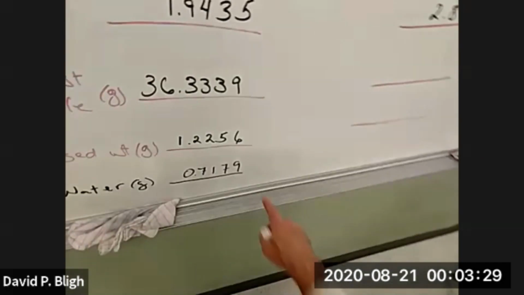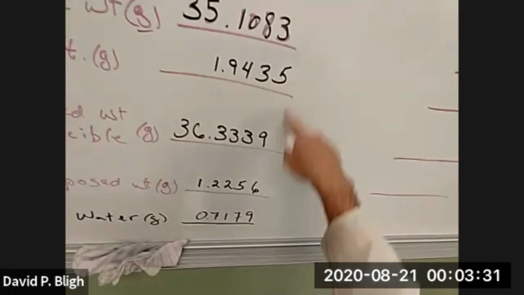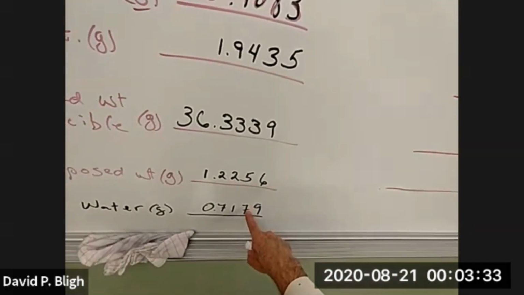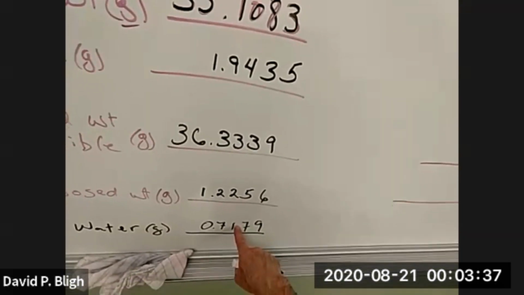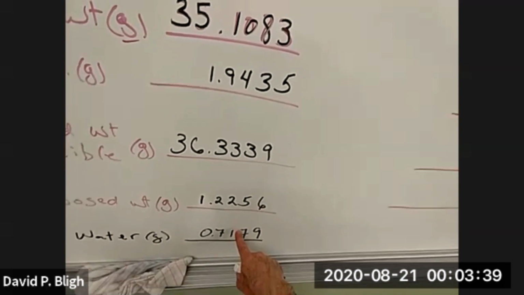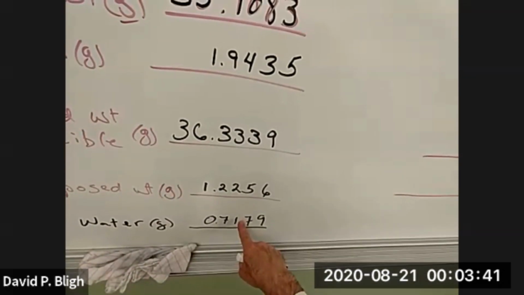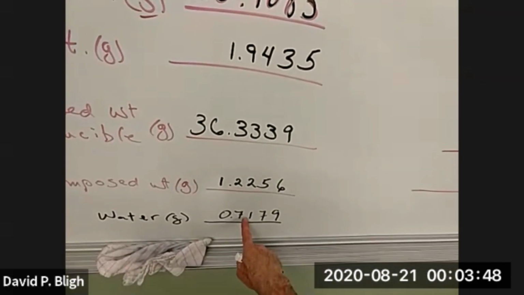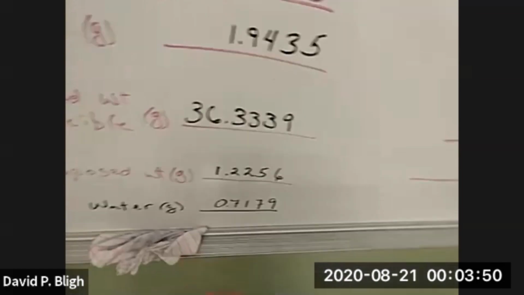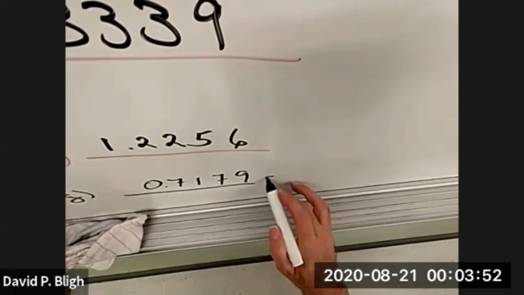Now let's see if that's right. Add them together. 13, 1 and 12 is 13. 1 and 5 is 6. No, 1 and 2, plus 1 is 4. And 7 and 2 is 9. There we go. So this is how much water.